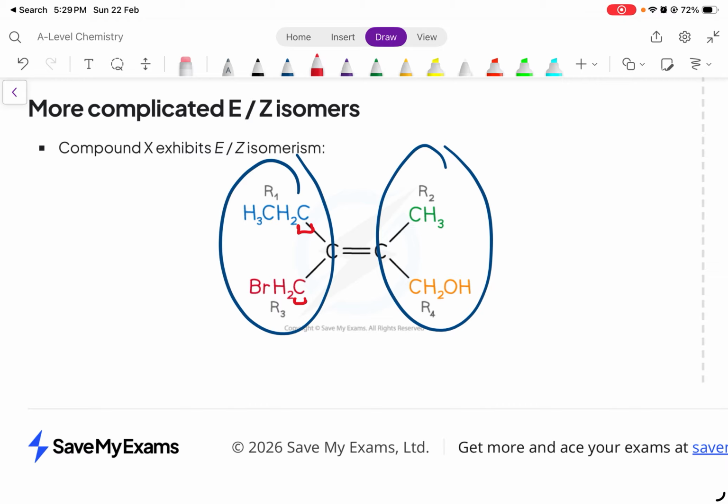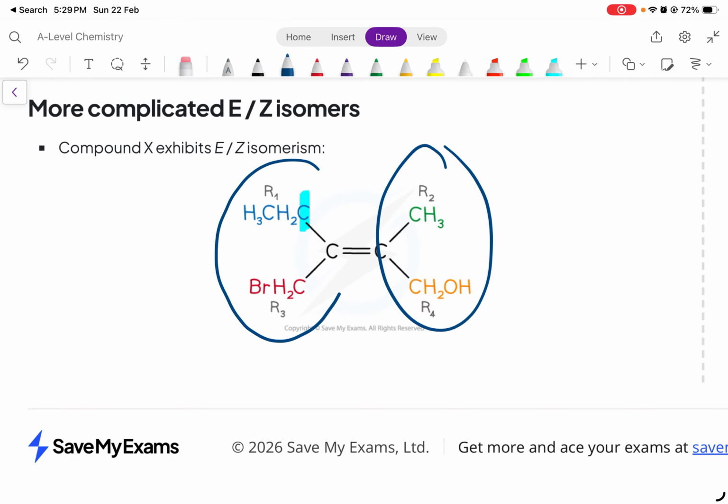Now, let me use a highlighter to compare the second one. When I'm comparing R1 and R3, C and C is the same, done, skip. H2 and H2 is the same, done, skip. Now, C and Br. How can I compare it?